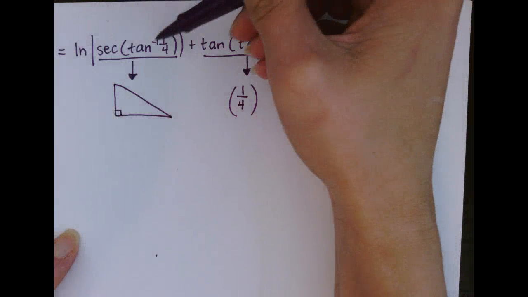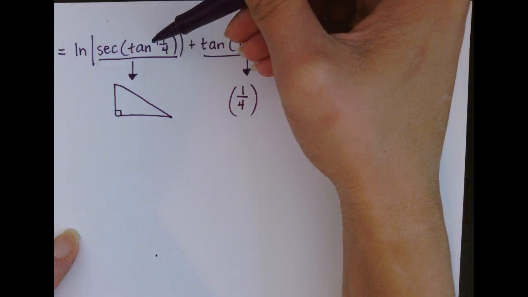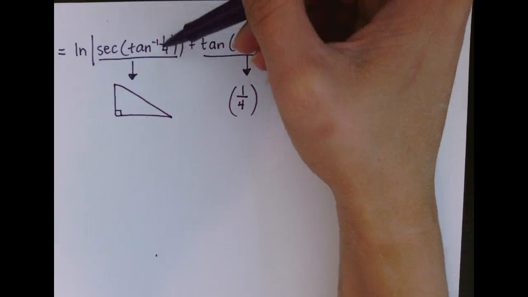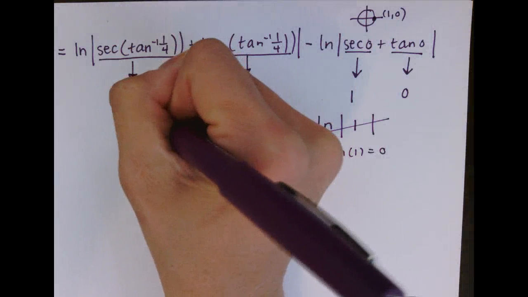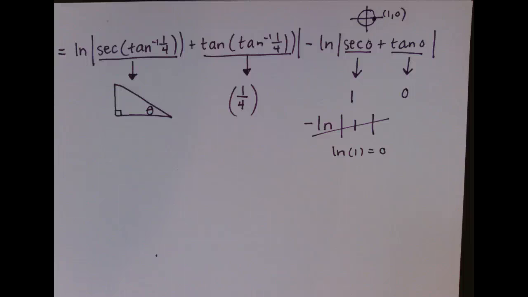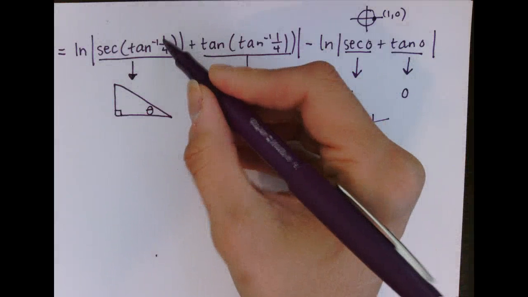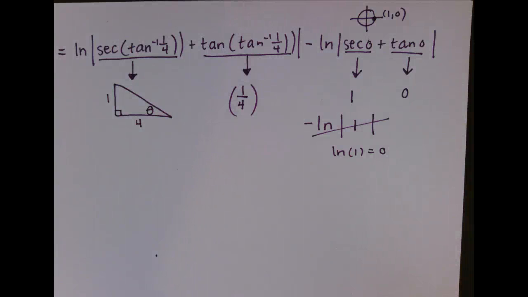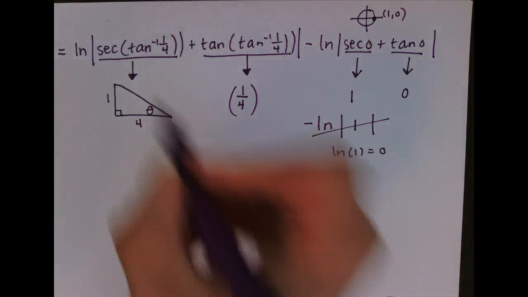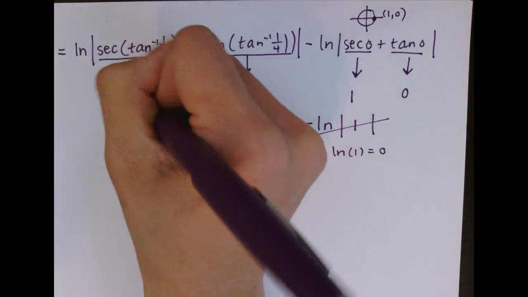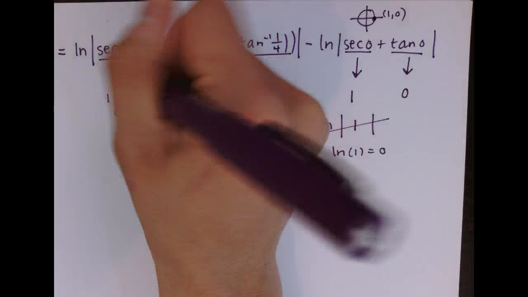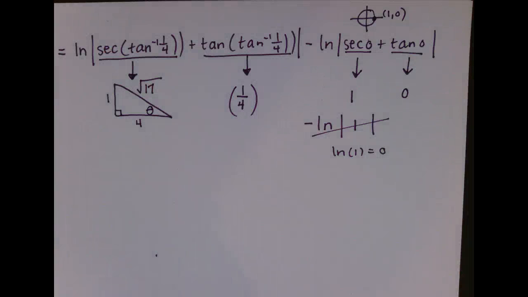When we're evaluating expressions, we should start with the inside and work our way out. If we take the inverse tan of some ratio, it's going to produce an angle theta, where the ratio of opposite and adjacent sides is 1 over 4, or 1 to 4. I could use the Pythagorean theorem to solve for the hypotenuse. If I do 4 squared plus 1 squared, that hypotenuse becomes the square root of 17.